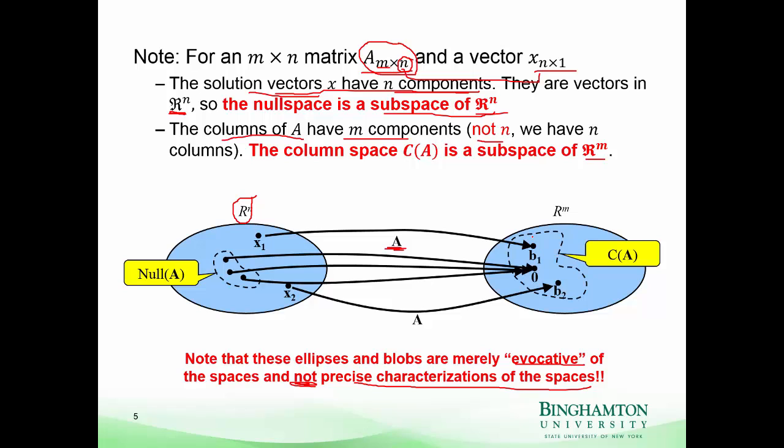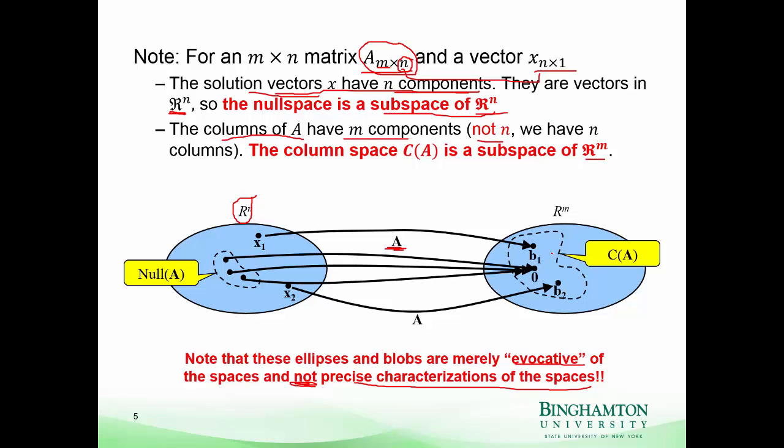So we're kind of flipping the perspective around a little bit. We've been saying we're given A, we're given B, what x solves it. But for the moment, let's ask the question the other way around. We're given A, and now we're free to pick any x in Rn. What B vectors can I get from doing that? Well, we know that we can only get to vectors that are in the column space of A.